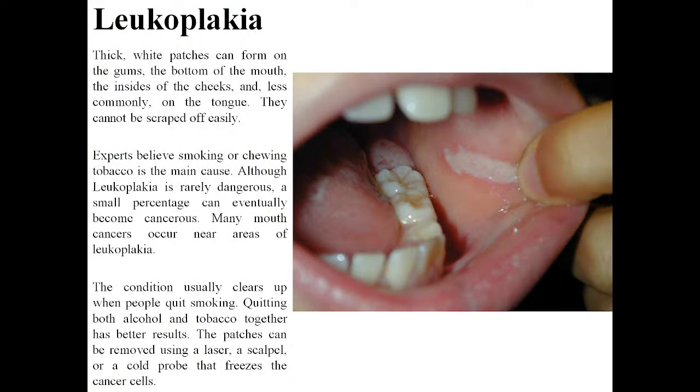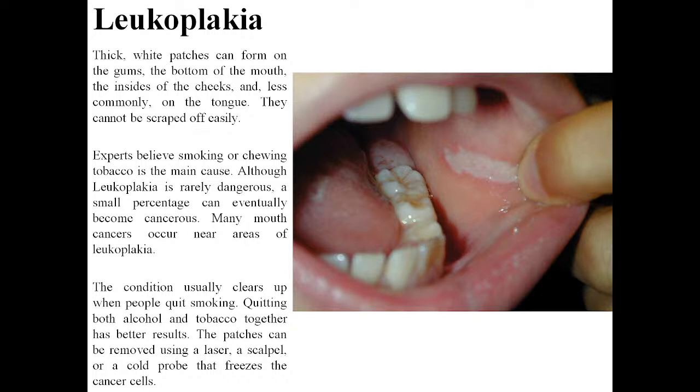Leukoplakia is thick white patches that can form on the gum, the bottom of the mouth, the inside of the cheeks, and less commonly on the tongue.